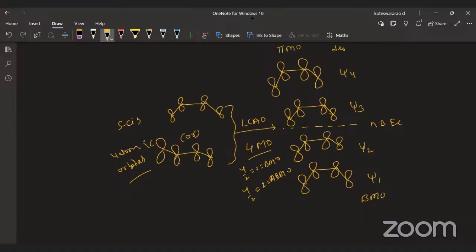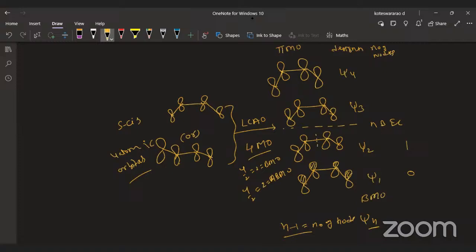These are the designations, and the number of nodes is n minus 1. Suppose for psi n, the number of nodes is n minus 1. For psi1, 1 minus 1, 0 nodes, which means there is no node at any point of that molecular orbital. For psi2, 2 minus 1, 1 node.